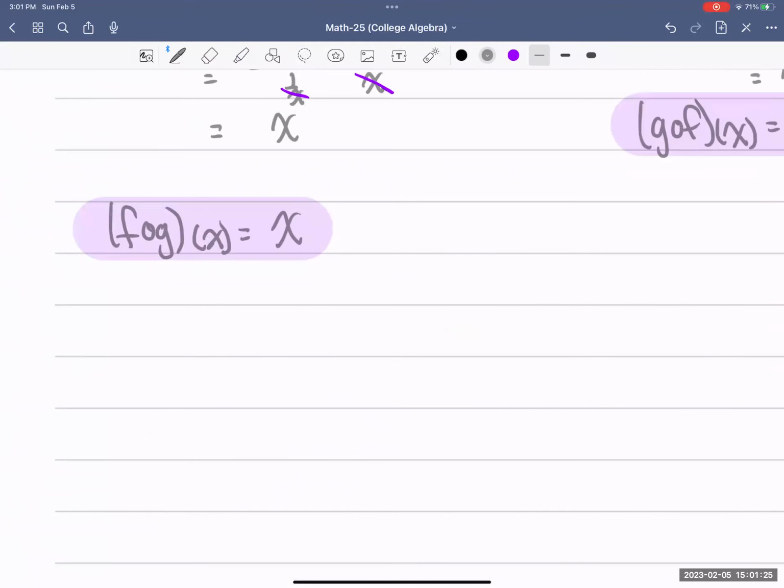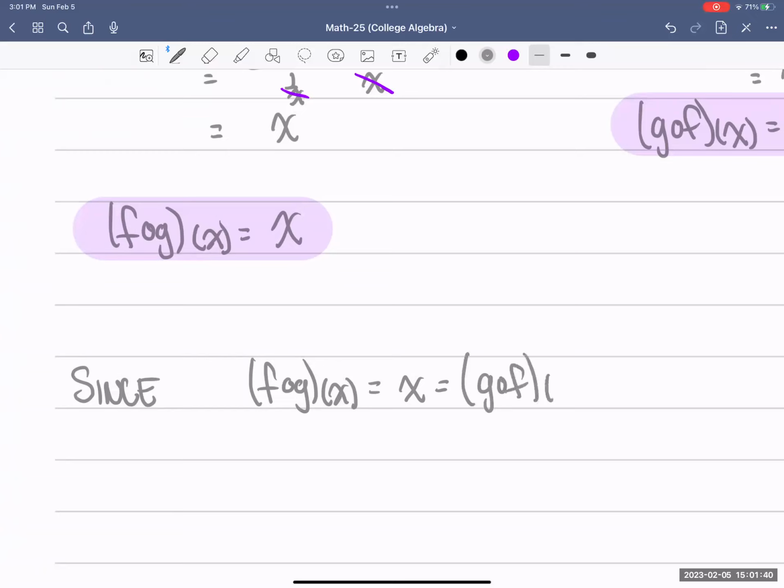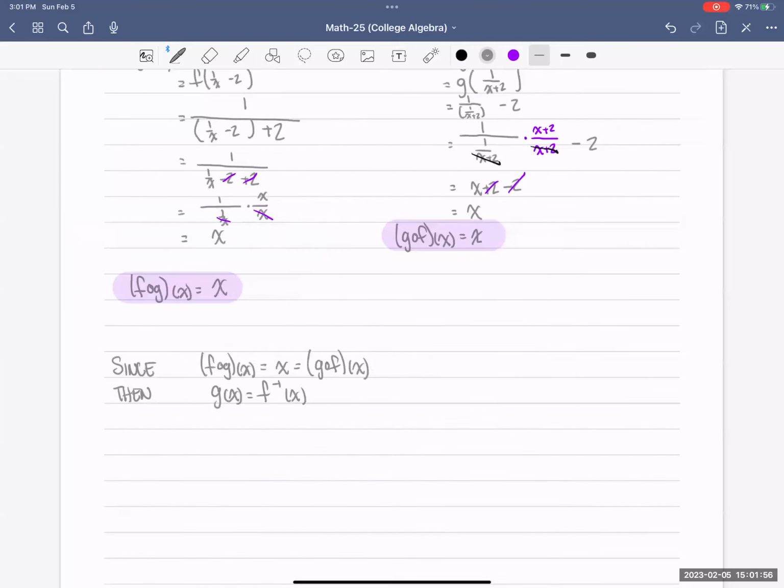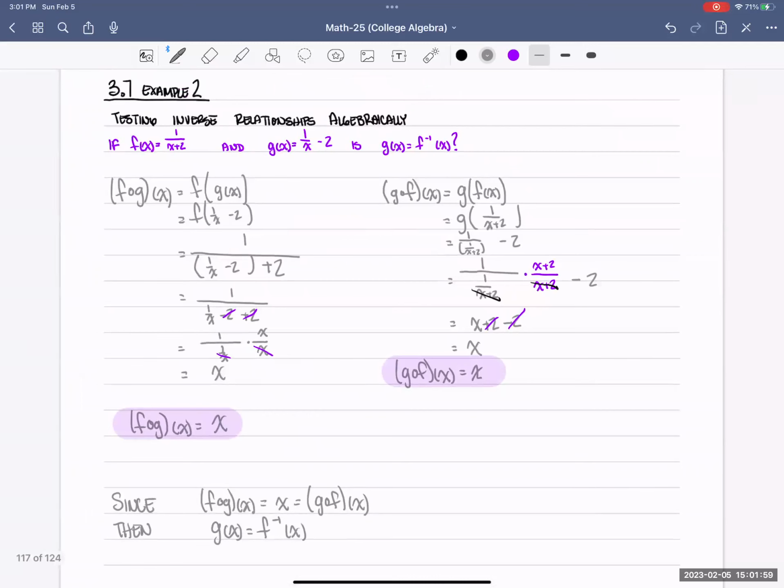So we could say since f of g of x is equal to x, which is equal to g of f of x, then g of x is equal to f inverse of x. And that's it. We just proved that the two functions are inverses of each other.